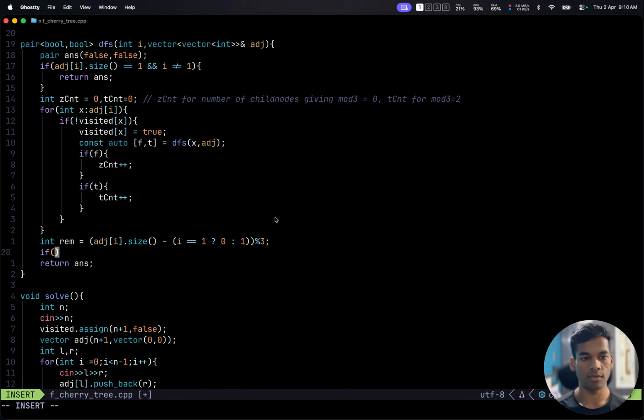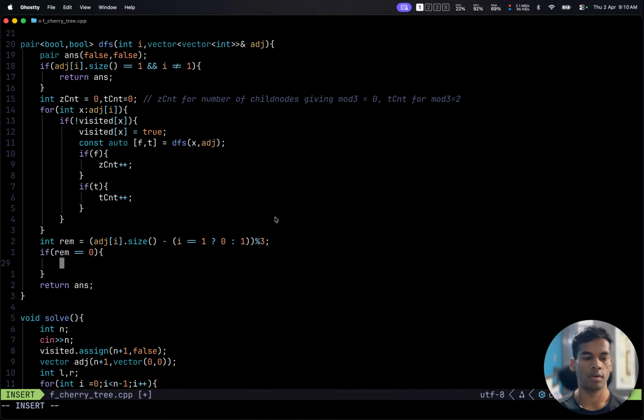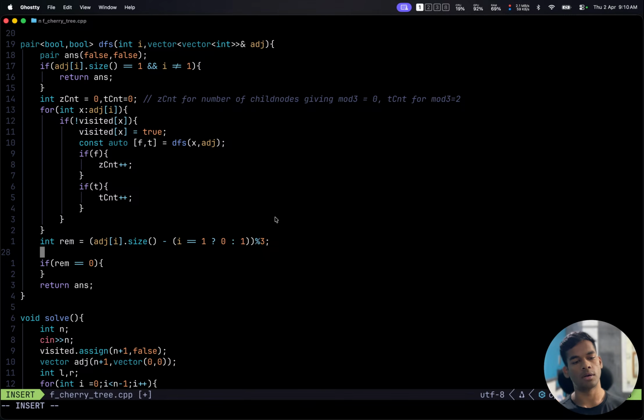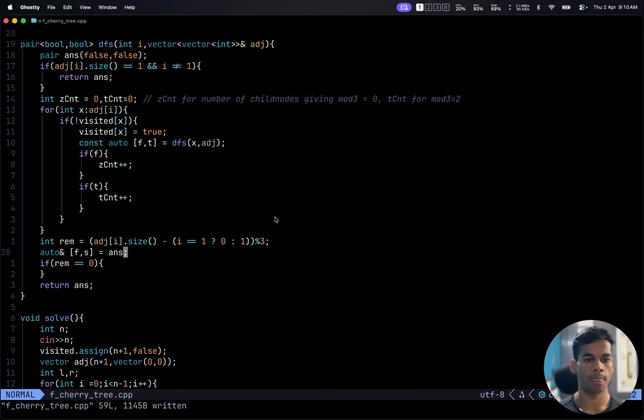Now if rem equals 0, then also here, auto reference f and s equals answer.